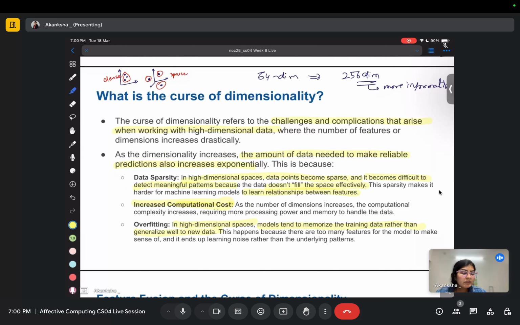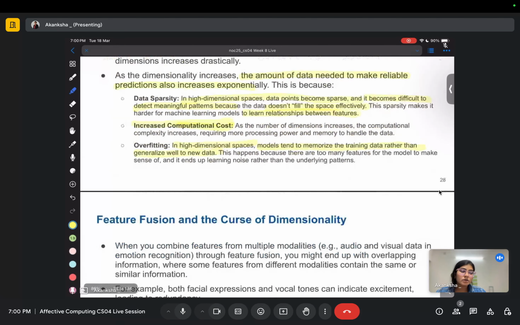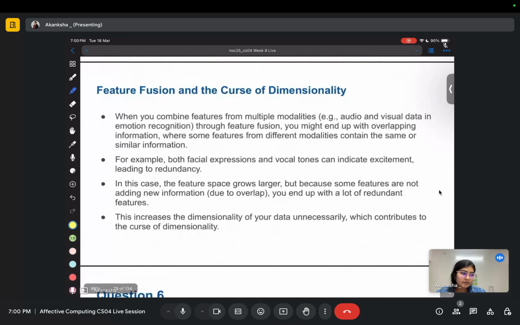If too many features are fed, it focuses on unnecessary information, and useless information is learned instead of paying attention to the most important features. It might learn noise rather than the underlying pattern. So overfitting is also caused by this curse of dimensionality.